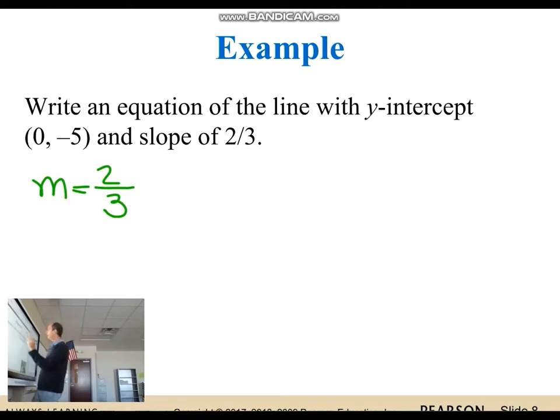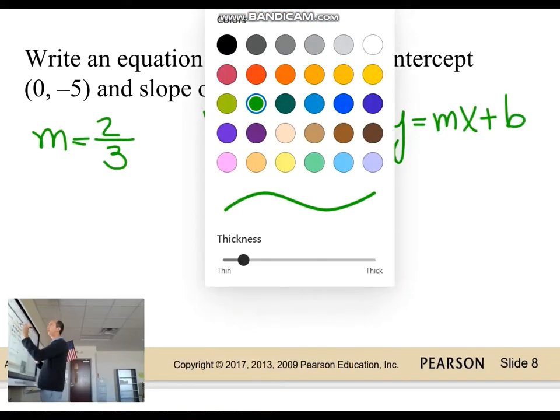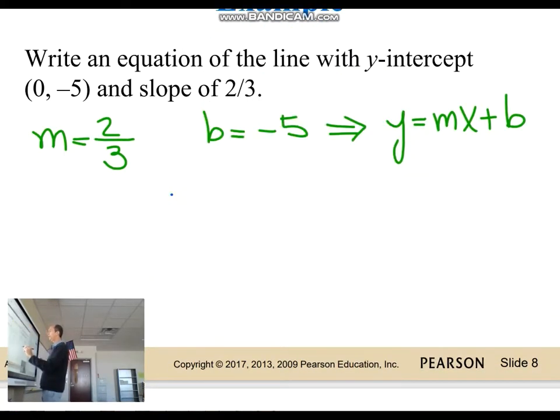And if the y-intercept is x equals 0, y equals negative 5, that means b equals negative 5. Apply these values in the slope-intercept form, and you will find the equation of the line as y equals 2/3 x minus 5.